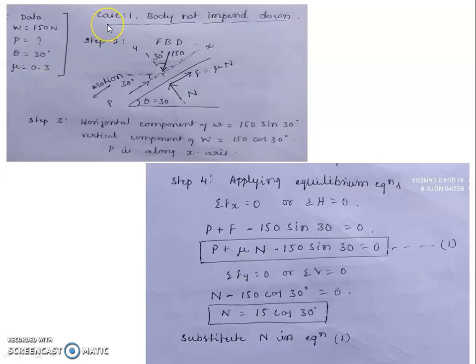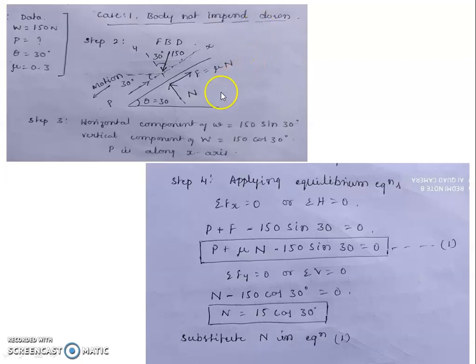We will see the first case: the body not impending down, meaning we are not allowing the body to slide down. In that case, what will be the P required to hold the body? The body is sliding by its own weight here in the first case. To arrest that slide, what will be the P required?